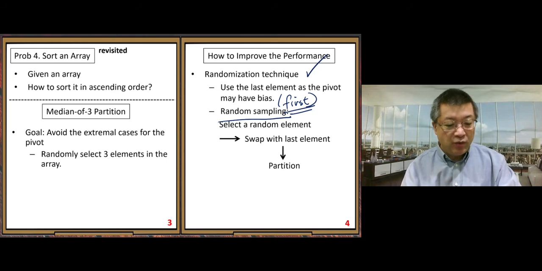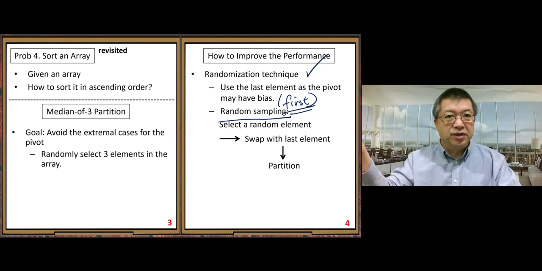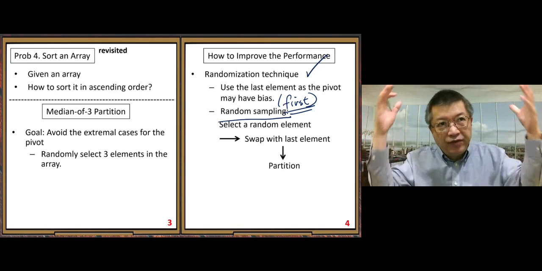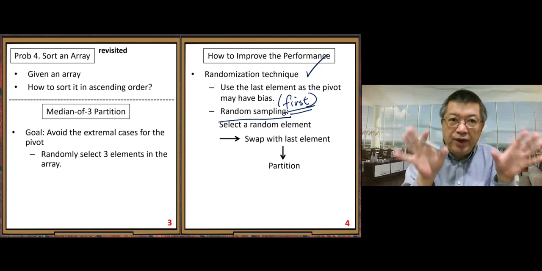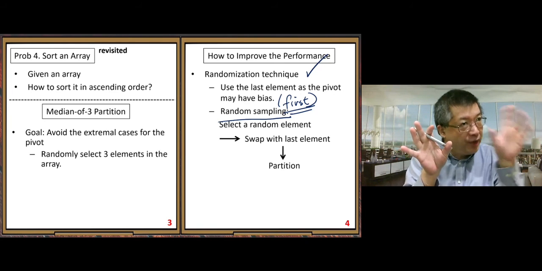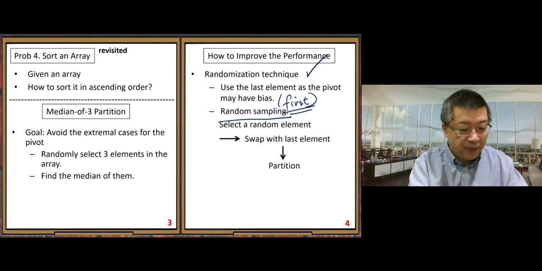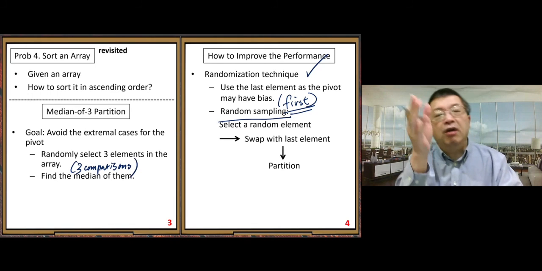So what do we do? We randomly select 3 elements in the array. So arbitrary 3 elements, randomly select 3, not 1. Then we find the median of these 3, using 3 comparisons, right? So we know to find that we need 3 comparisons. That's the overhead part.